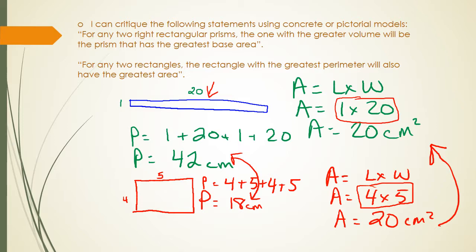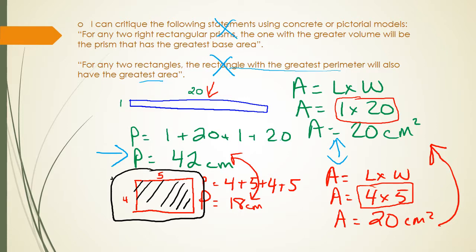So to say that the rectangle that has the greatest perimeter has the greatest area, well, this had the greatest perimeter, but the areas were exactly the same. So this is not true either. Neither one of those statements is true. And I think I said in another video somewhere that the more you get your shape to be a square, right? This shape is a bit more square than what I had going on up there.